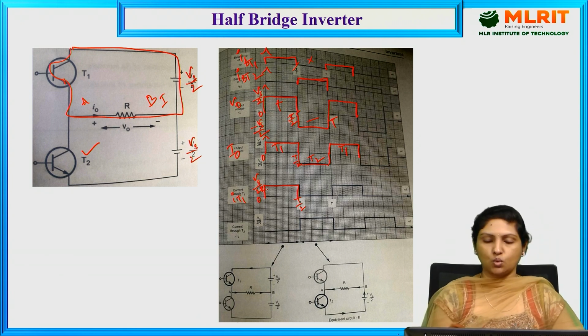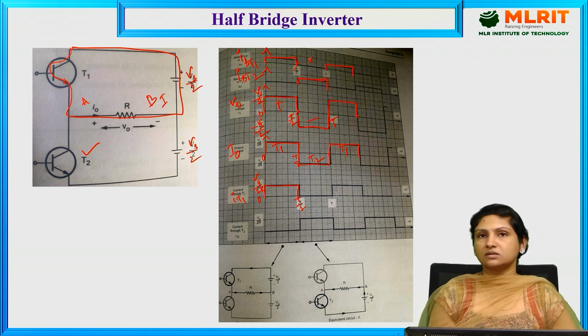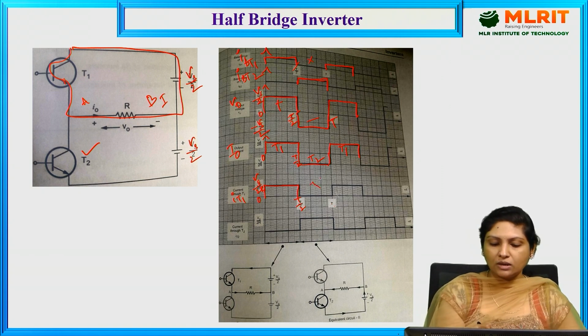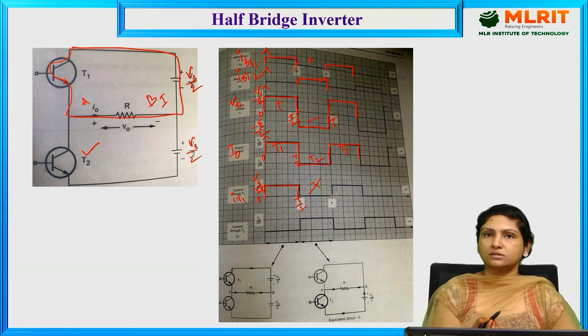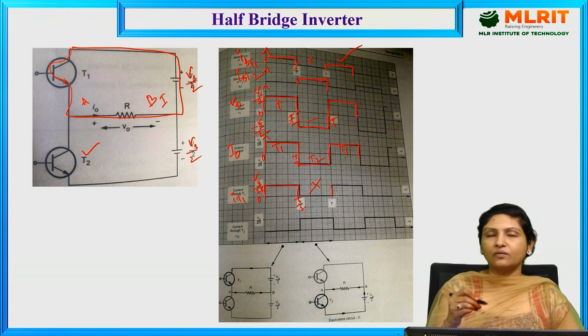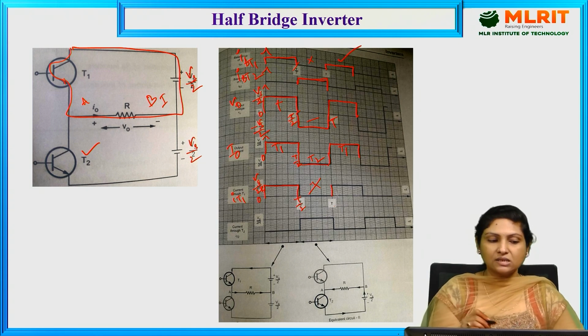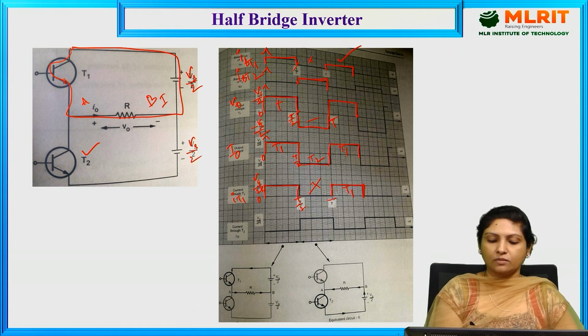Then from T by 2 to T, we have withdrawn the base drive, so transistor 1 is turned off, which means there is no current through it. When it reaches T, we again provide the base drive, so transistor 1 is turned on and conducts current through the load, from this instant to this instant.